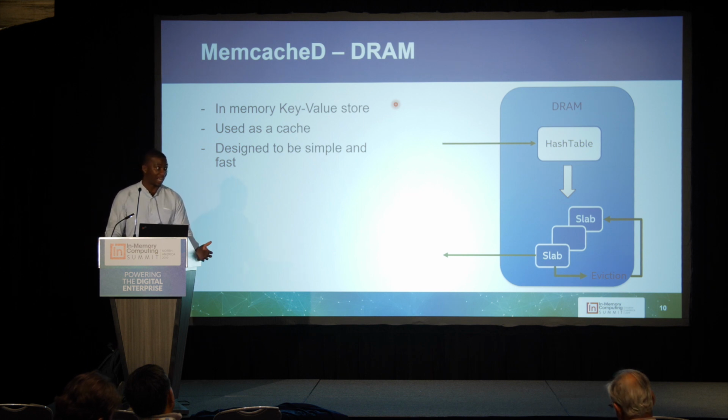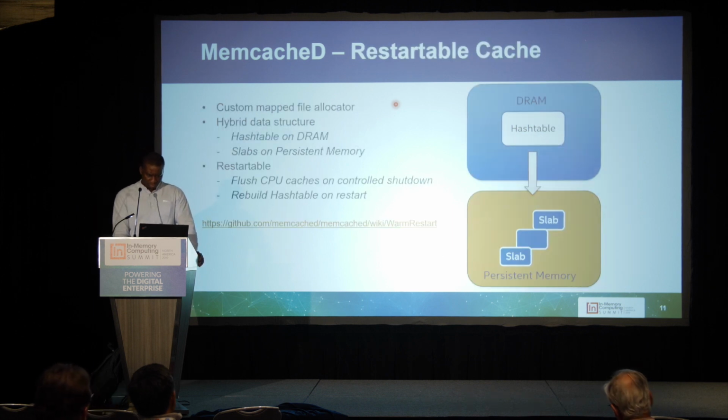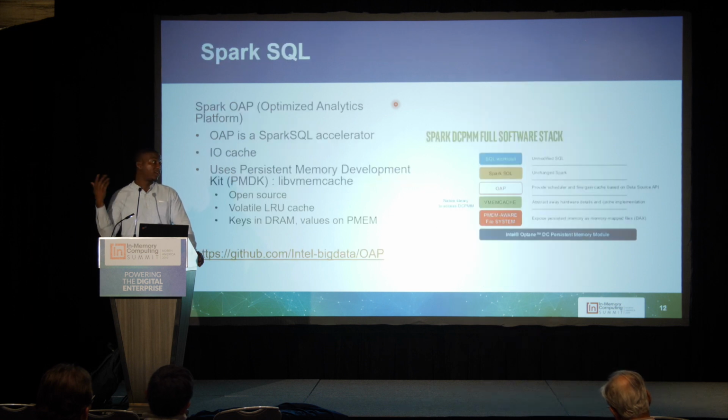If you wanted a restartable cache, on an orderly shutdown, you could serialize all of your data onto a file on persistent memory, and on startup, you deserialize and read that file back and have a restartable cache. So snapshotting is another thing that you could use persistent memory for.